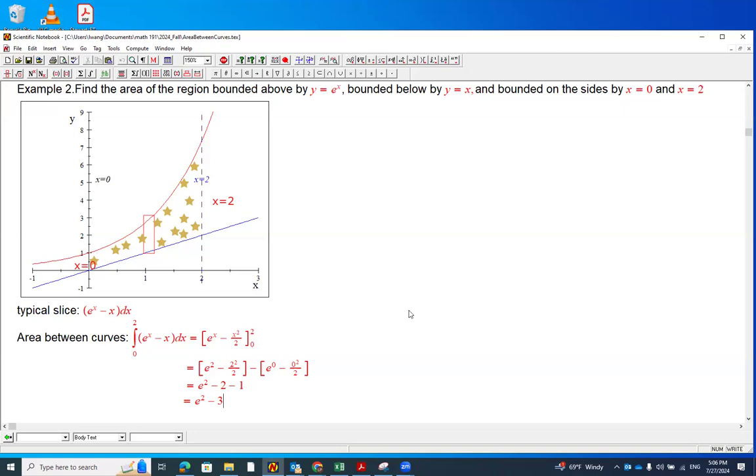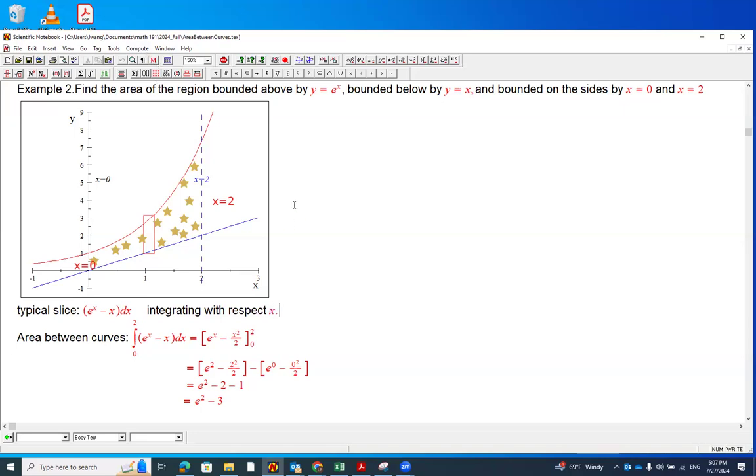Okay? So to find the area between the two curves, we want to make sure that we have the same curve consistently above and below, right? And there's a vertical strip. Could it be a horizontal strip? Yes, it's possible. So that'll be another case. In this example, we're integrating with respect to x.